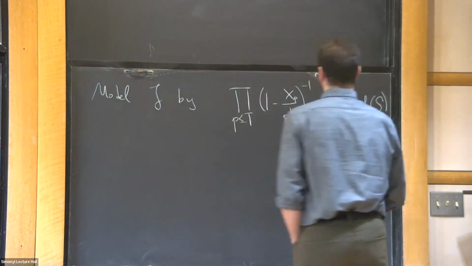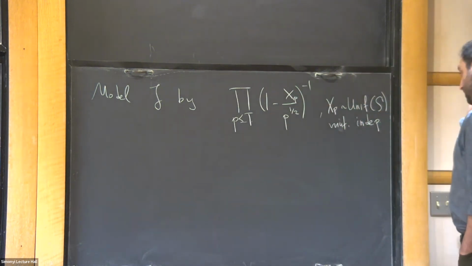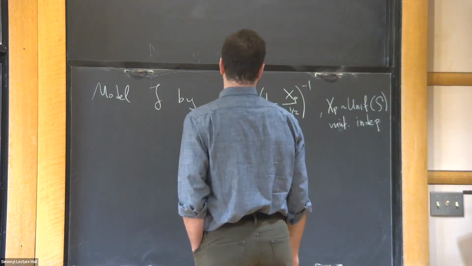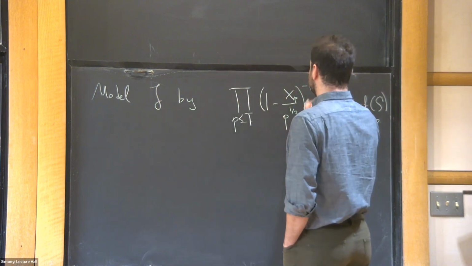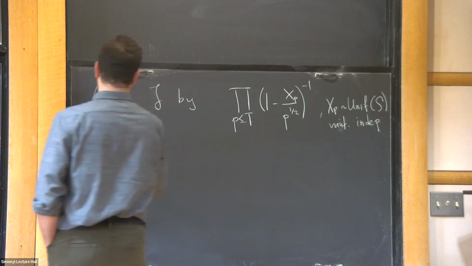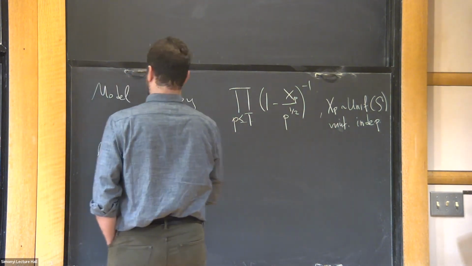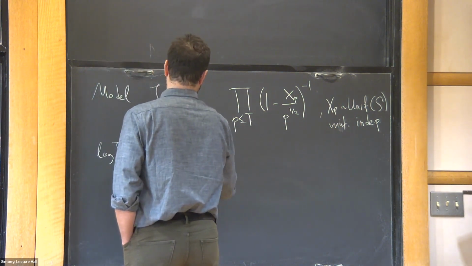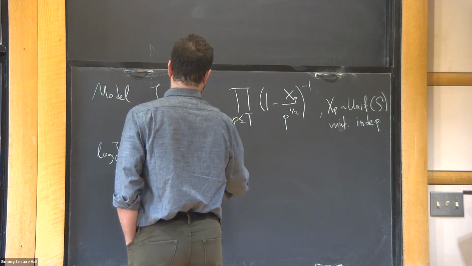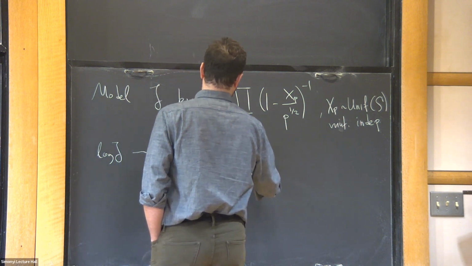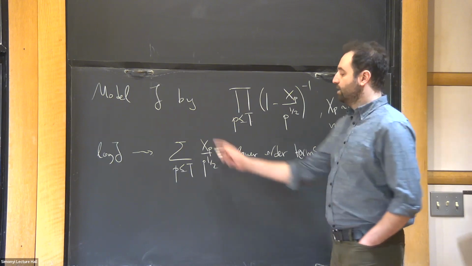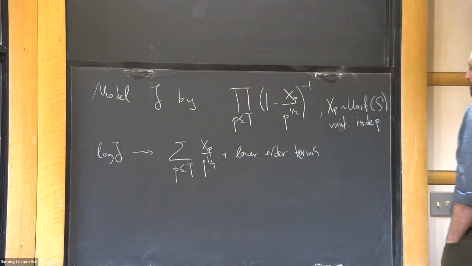If you think of zeta in this way, you motivate very naturally various famous results about zeta, and most importantly, Selberg's central limit theorem. Because now if I take logarithms, the log of zeta is basically this sum of X_p over p to the 1/2 plus other terms.